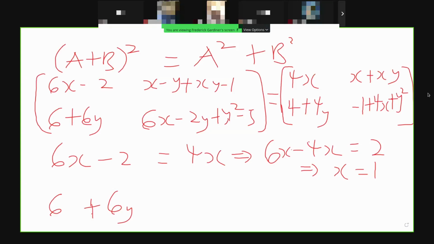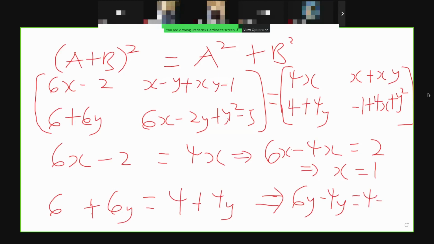I can equate that to 4 plus 4y. You don't have to choose any complex equations. Just do what will be simple for you. That simply means 6y minus 4y will be equal to 4 minus 6. If that is so, we are going to get 2y equal to negative 2. So by solving that, our y will be equal to negative 1.